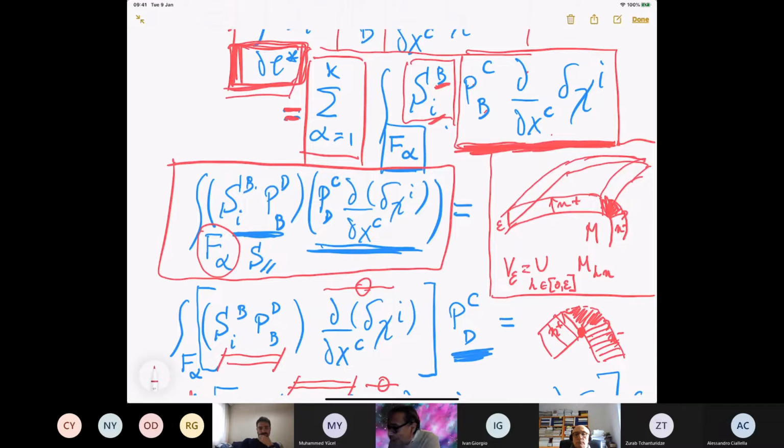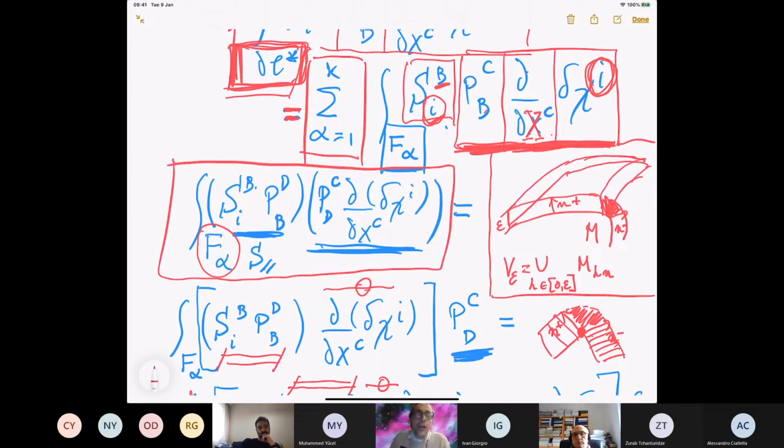However, in our integration by parts, this is an Eulerian index which is saturated with this Eulerian index. And the derivative here is in capital X, so this is a Lagrangian derivative.